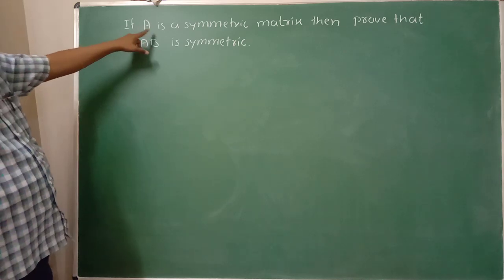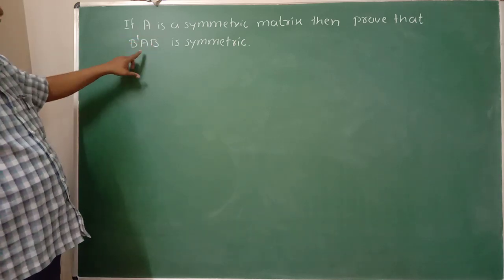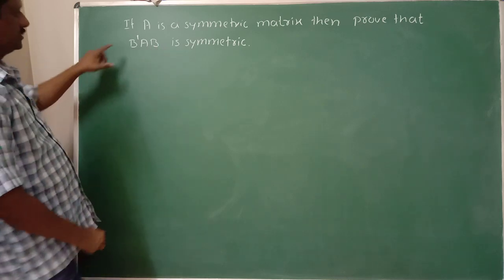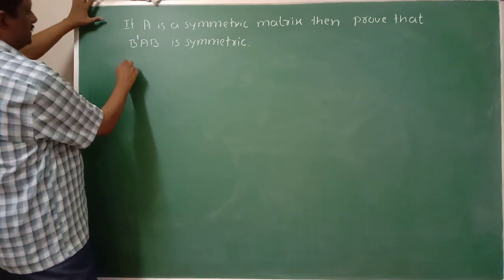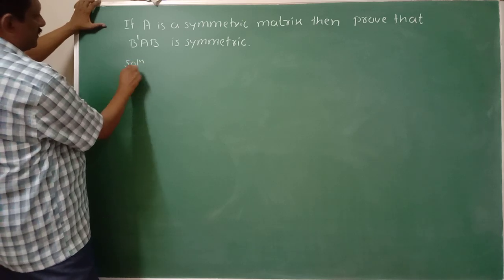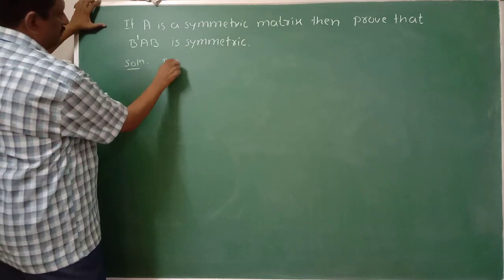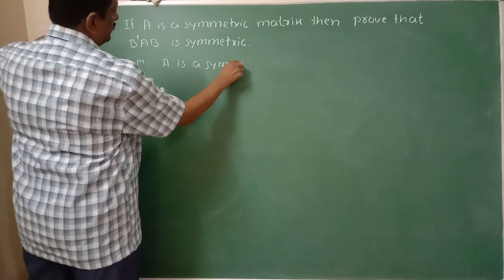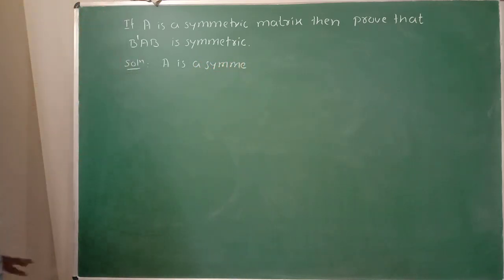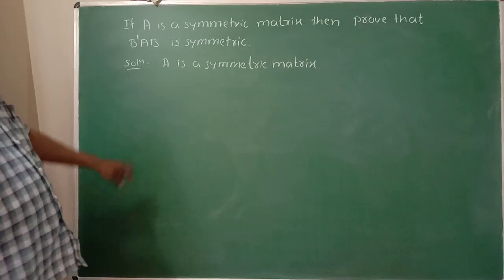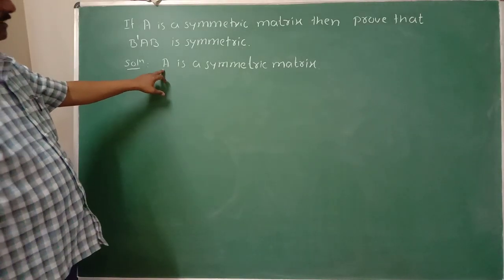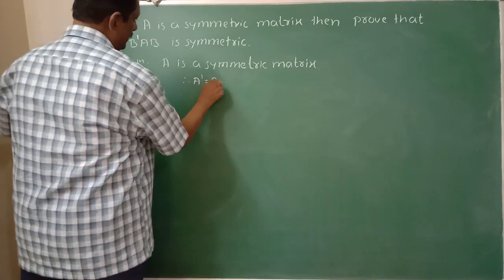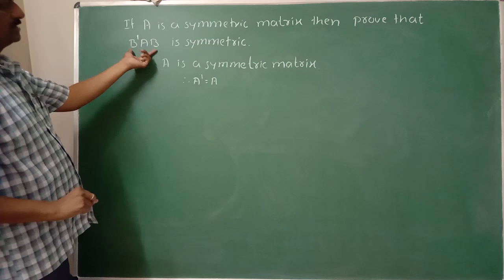If A is a symmetric matrix, then prove that B dash AB is also symmetric. They have given that A is a symmetric matrix, hence A dash is equal to A. Now we prove that this is symmetric.